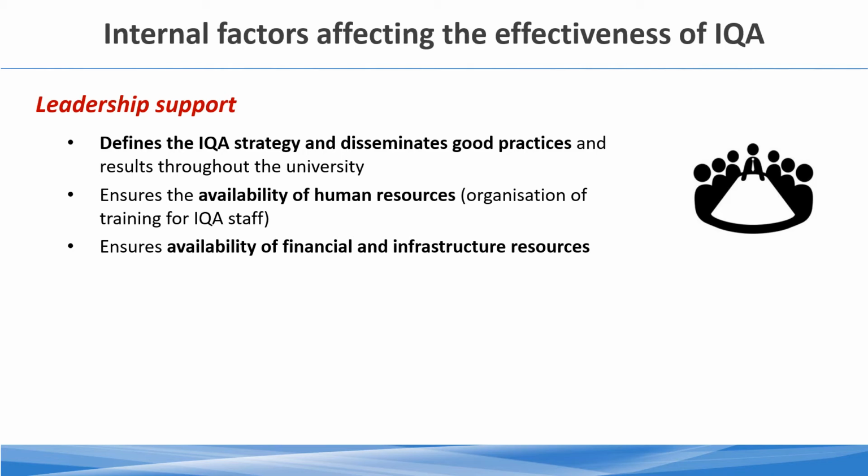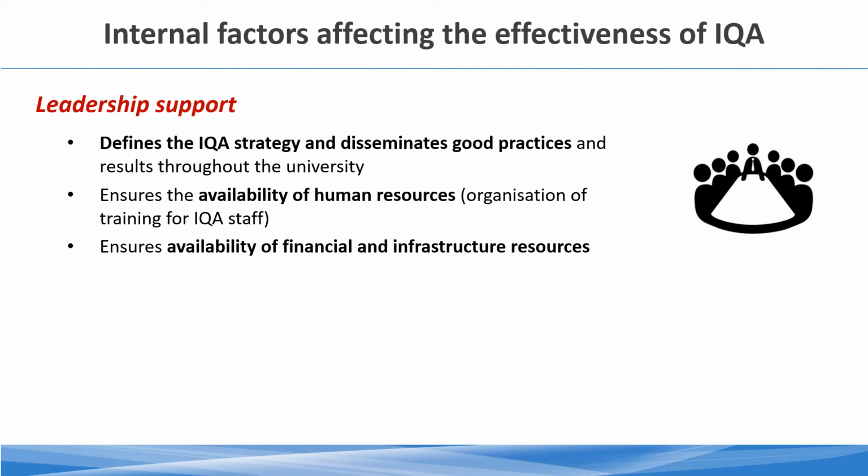Leadership support has already been identified as a crucial internal factor in Chapter 1 of this module. As a reminder, the leadership should define the university's IQA strategy and disseminate good practices and results throughout the university to the different stakeholders.